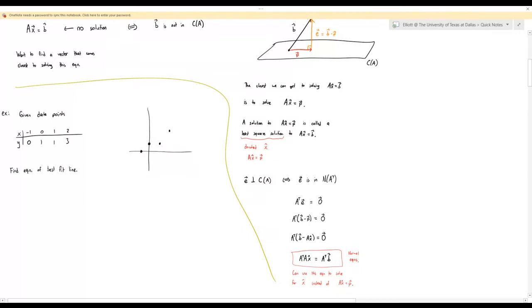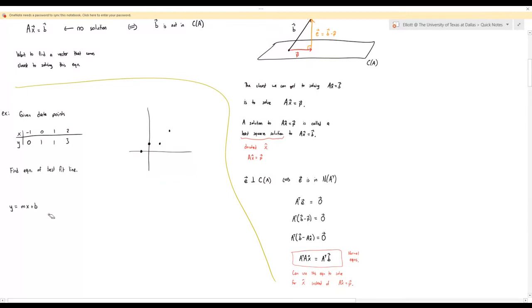Okay. Now we know that the equation of a line can be written in the form y equals mx plus b, where m is the slope and b is the y-intercept.